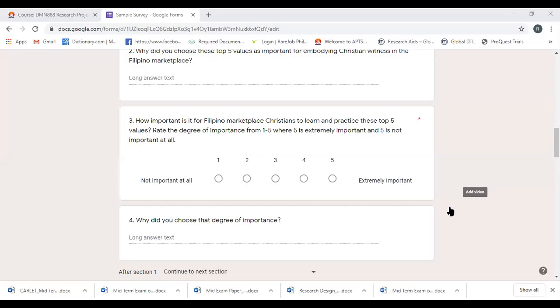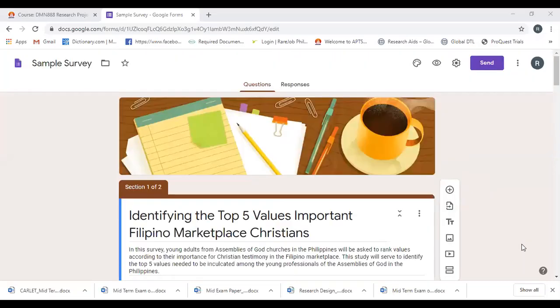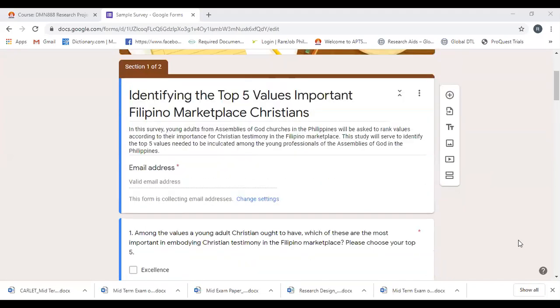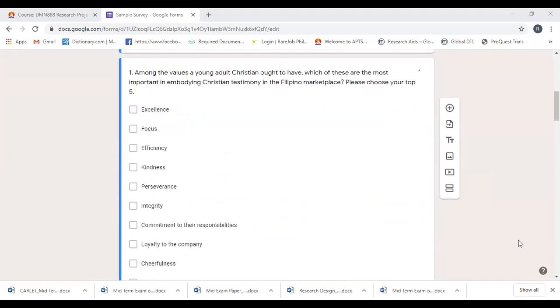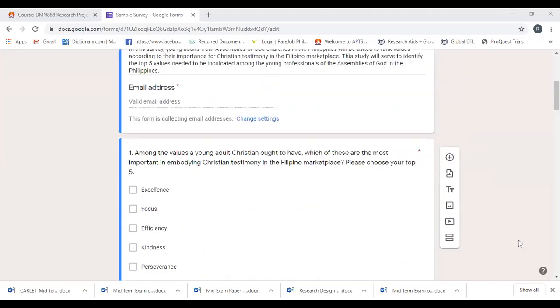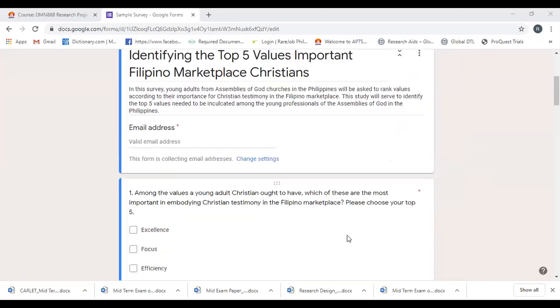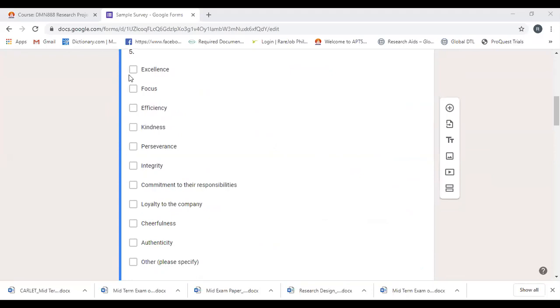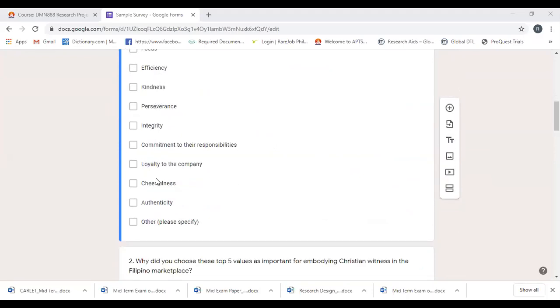Okay, there it is. So I use Google Forms, and it's free. But as I said, SurveyMonkey is better. It's just that you have to pay $5 per person if you want to send the survey. The first part here is the survey proper. Among the values, please choose your top 5. I listed some values, and then they have to click, click, click.